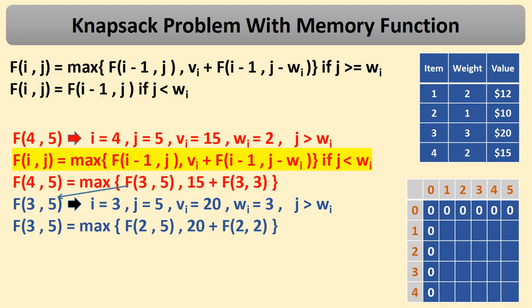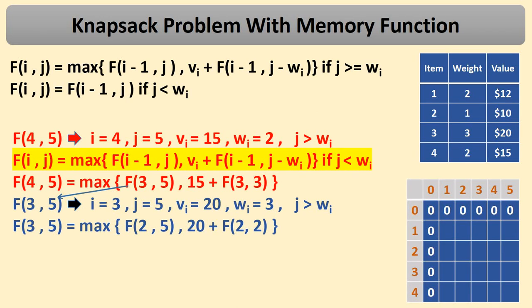And what is the weight of item 3? That is 3. So here w is represented as 3. If you compare both j and w, j is greater than w. If j is greater than w, then you have to go for first formula.